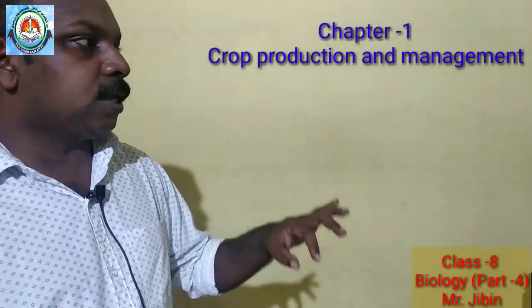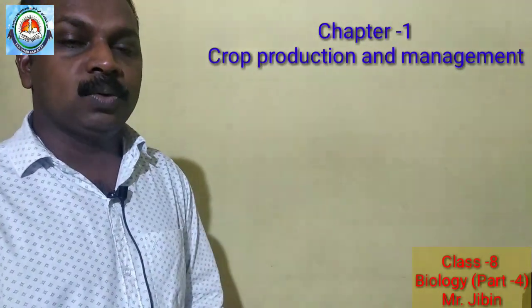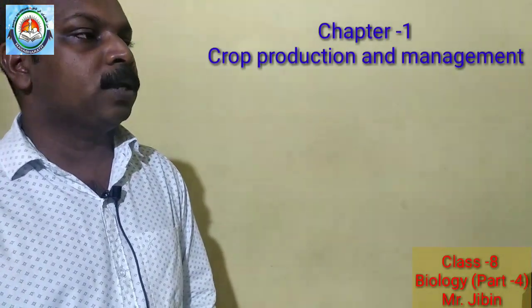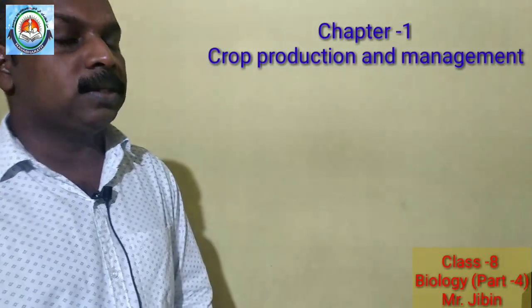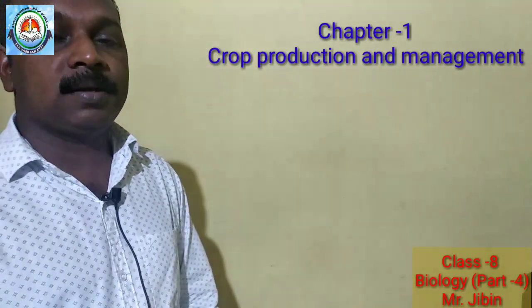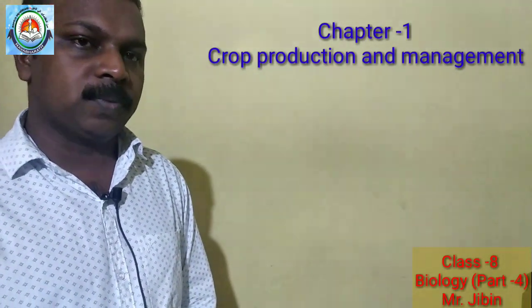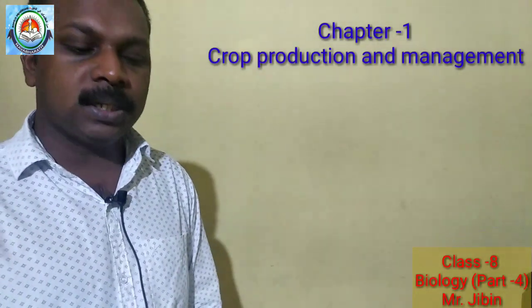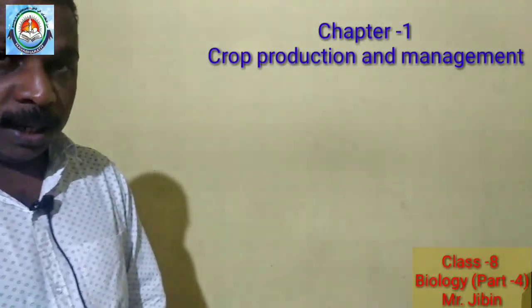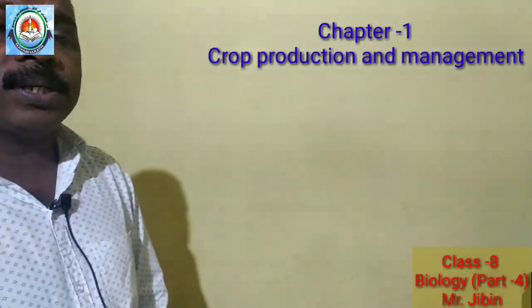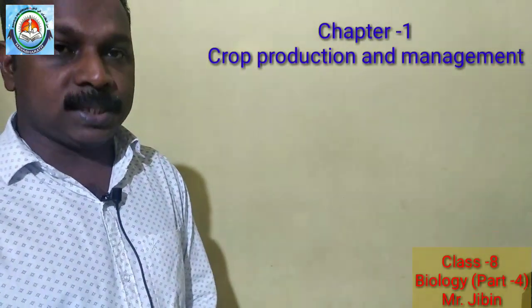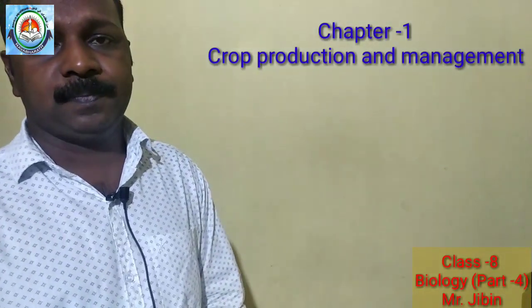In this, two methods are mainly used: the drip irrigation method and the sprinkler system of irrigation. So all those things we discussed last class. Today we are going to discuss the next practices done by farmers.